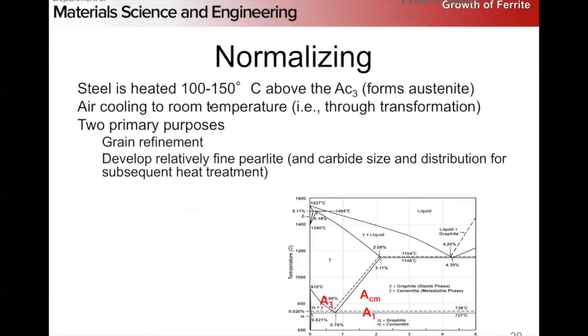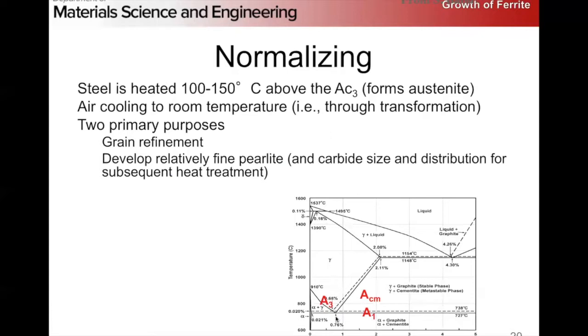So normalizing heat treatment is 100 to 150 degrees C over AC3, right? So we're in the austenite range, and then we cool, typically air cooling to room temperature.